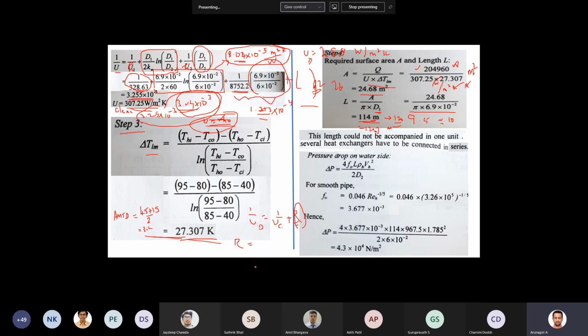That is 288.65, minus this value, 3.25 times 10 power minus 3. So your fouling resistance will be 2.14. So R is equal to 2.14 into 10 power minus 4 meter square Kelvin per watt.